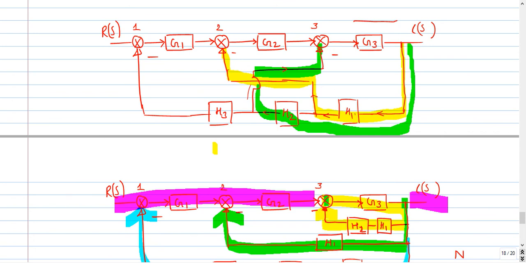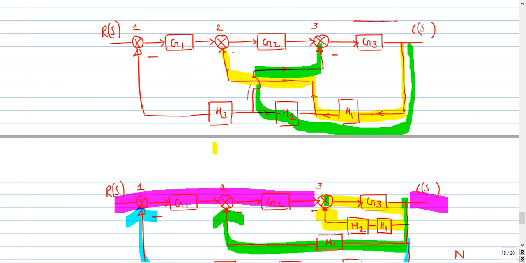You have to shift the summing point or the takeoff point in order to reduce. Or first step, you check how the signal is flowing. In case you are getting any minor feedback loop directly, then you resolve that. Or else you need to shift the particular summing point or takeoff point so that you can get a minor feedback loop. Then only you do the shifting.